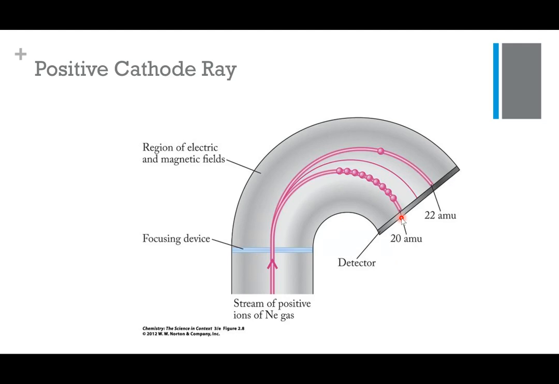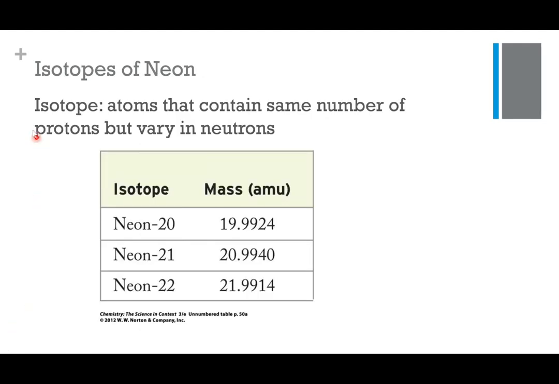Very possible. So we know that if we vary the number of neutrons, that could change the mass of that particular atom, right? Neutrons have a different mass. So it's very possible that these have a different number of neutrons. So that's what an isotope is. An isotope is an atom that contains the same number of protons, but varies in the number of neutrons.